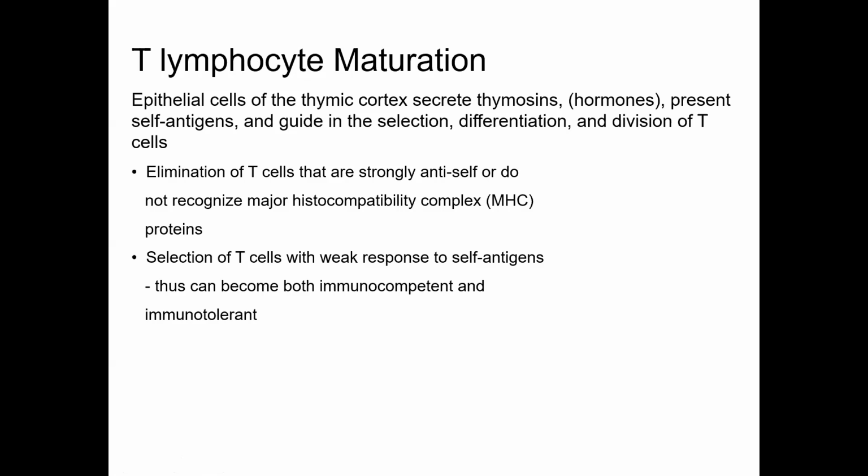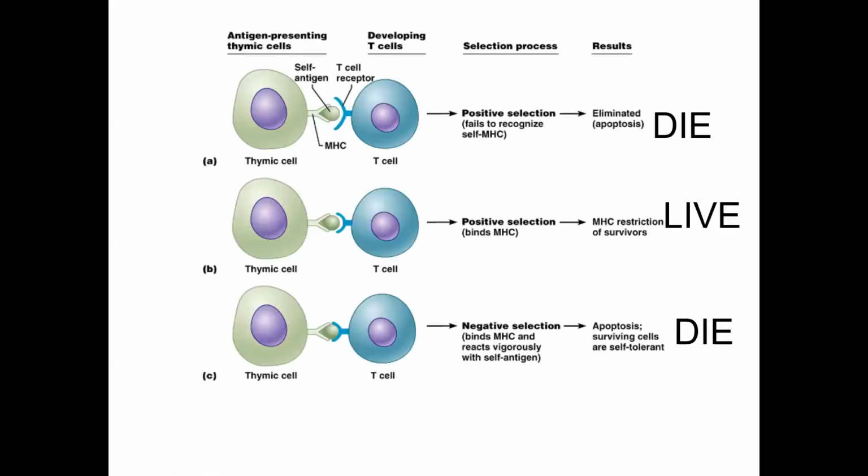This selection process is called the maturation process. Okay, so this one I'm not going to test you on, but I want to give you an idea. In the thymus, there are many T lymphocytes. They're all going to go through this selection process.